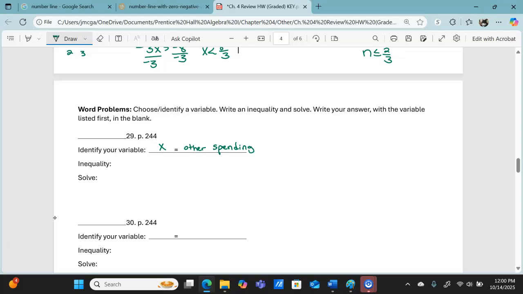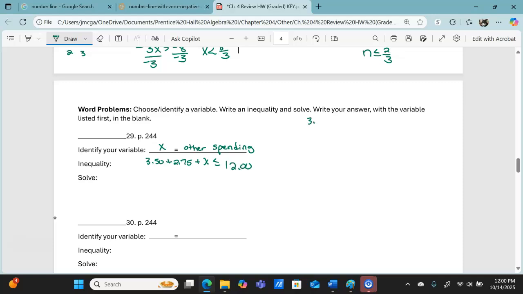So you've already spent $3.50. You've already spent $2.75. How much more can you spend and stay under your allowance amount, which was $12.